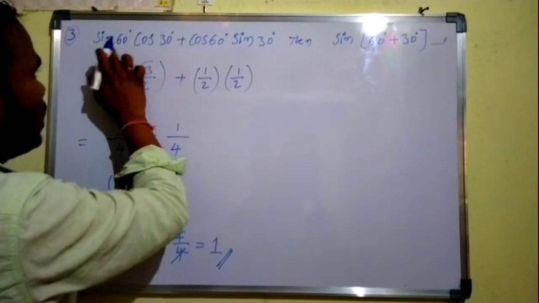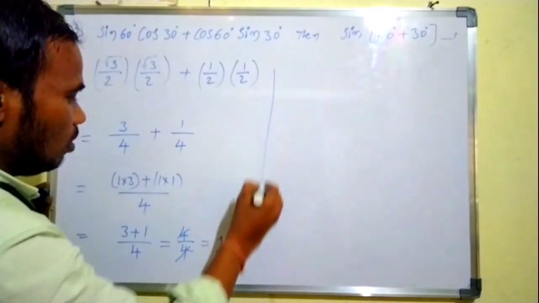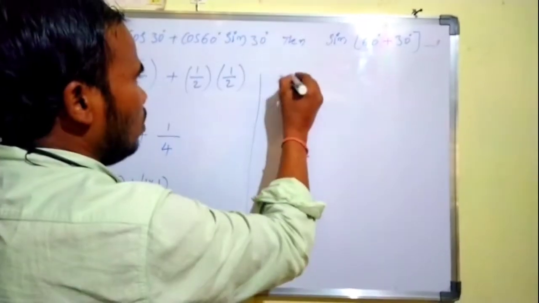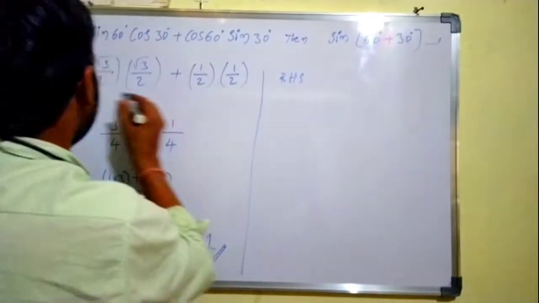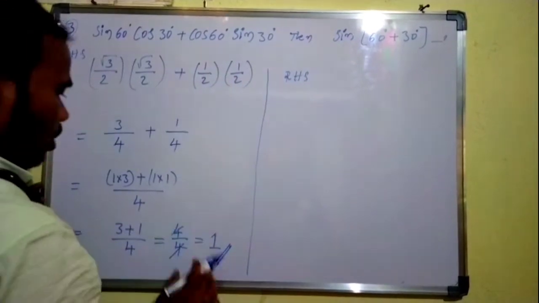So sin 60 cos 30 plus cos 60 sin 30 value is equal to 1. Now the right side, RHS value. LHS value is 1.